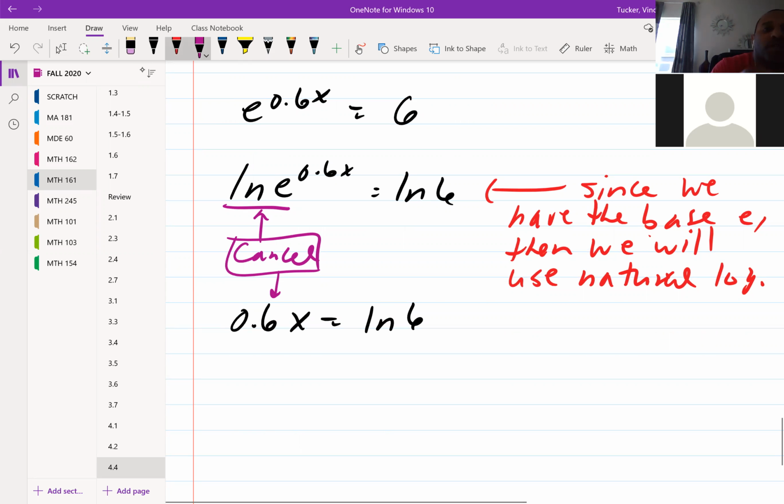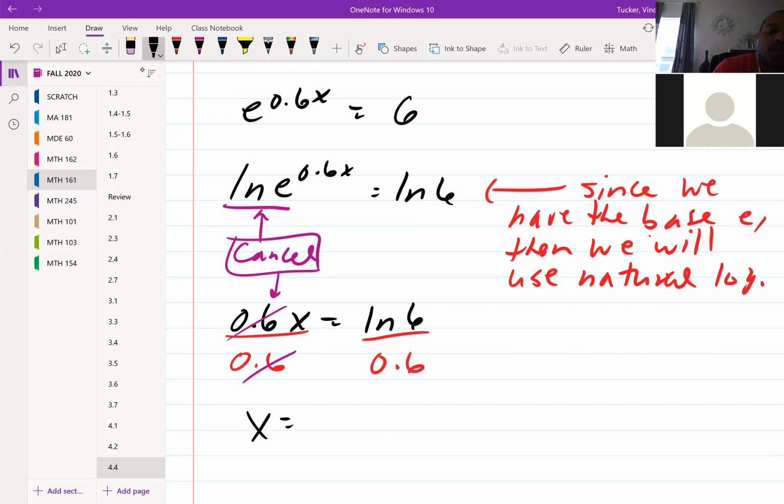All right, so now go ahead and solve. Divide both sides by 0.6. X is equal to natural log of 6 over 0.6, which is approximately 2.99.